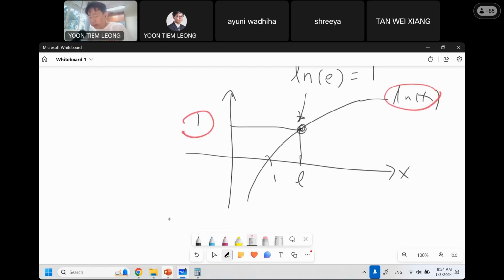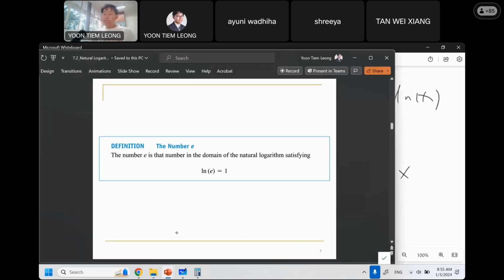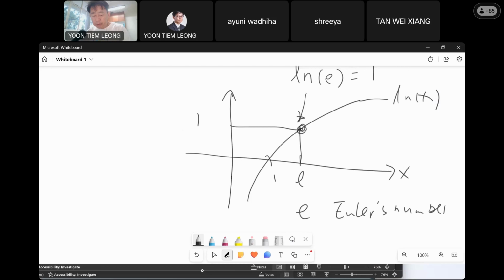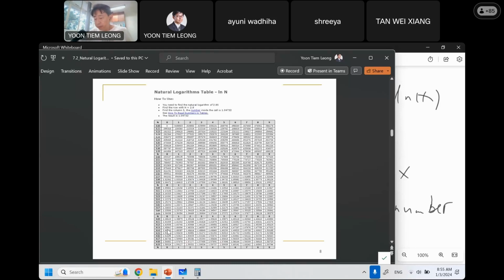So this very specific value of x, where log of e is defined as 1, is called the Euler number. The Euler number is an irrational number, and it cannot be expressed as a ratio of two integers.